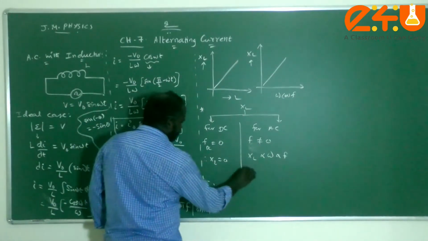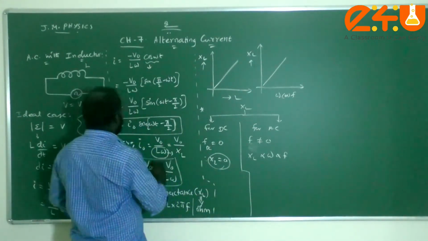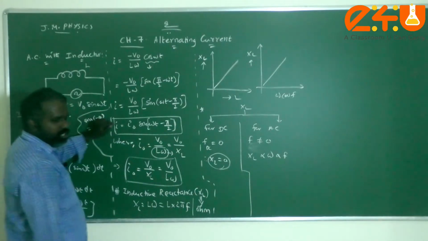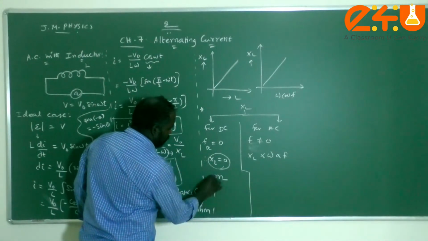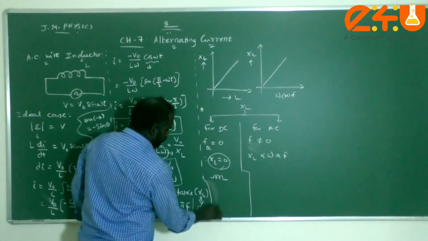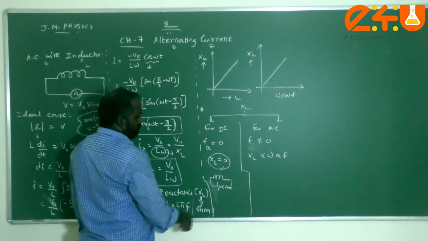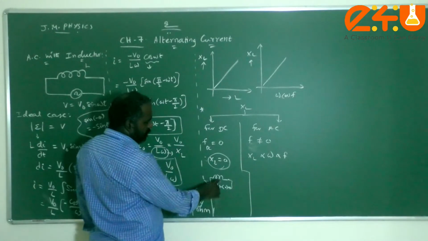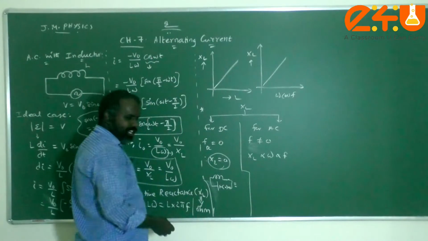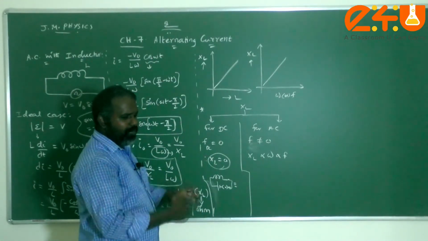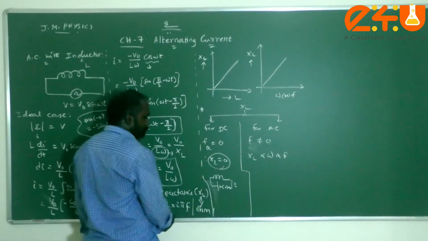XL equal to 0 represents that whenever a DC source is connected, say this is the inductor connected with some DC power supply, like a battery. In this case, since the frequency will be 0, XL equal to 0 means this inductor acts just like a connecting wire, because we assume that the resistance of connecting wires is very small, approximated as 0.